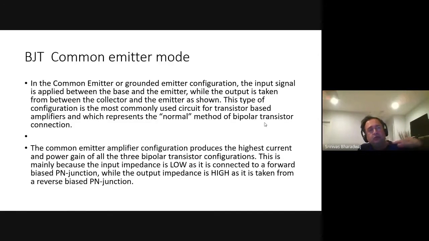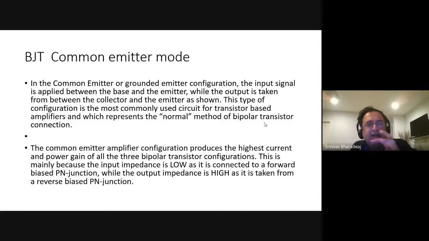So you have an exponential curve: IC equals e to the power of VBE by VT, minus 1. Although the current has an exponential relationship to the voltage VBE, a small increment in the VBE leads to a linear increase in the current.